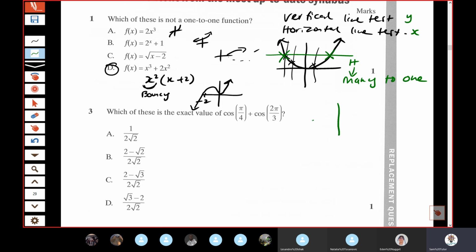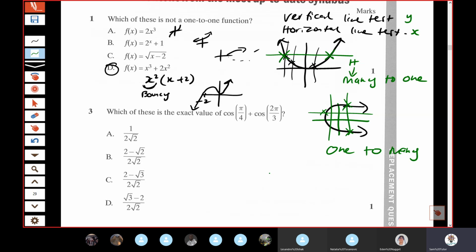So if I was to draw it this way, something like that. Again, if you draw a horizontal line, it only touches once, so that would be a 1. But if I draw vertical lines, you can see I can touch it many times, so that'll be 1 to many. Make sense?